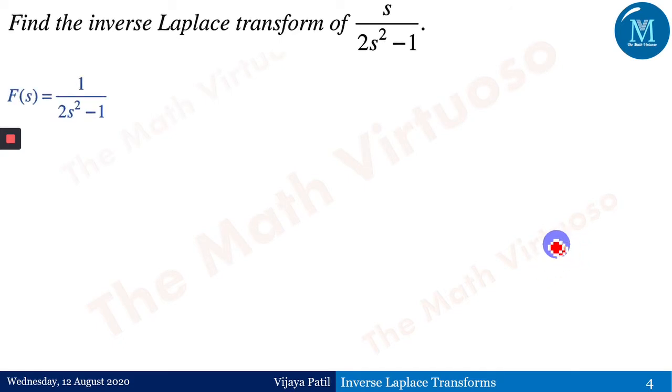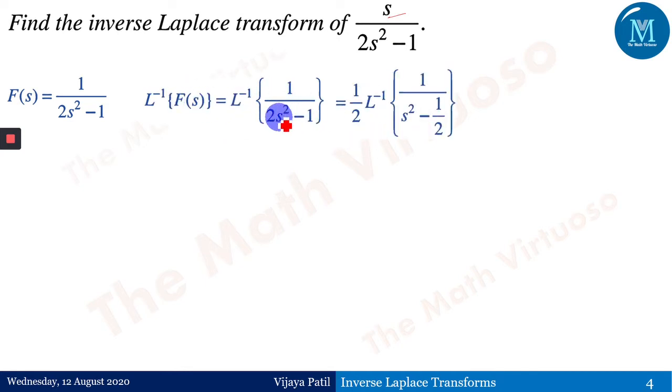Find the inverse Laplace transform of s upon 2s square minus 1. Now here, this s we are keeping aside just for the formula at the end. Therefore, the function is 1 upon 2s square minus 1. So L inverse of f of s is L inverse of this. Now, as I need the coefficient of s square as 1, half comes out.